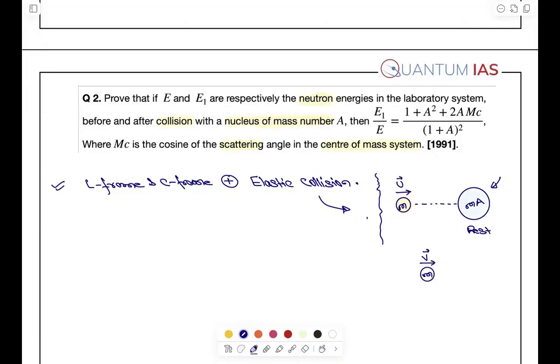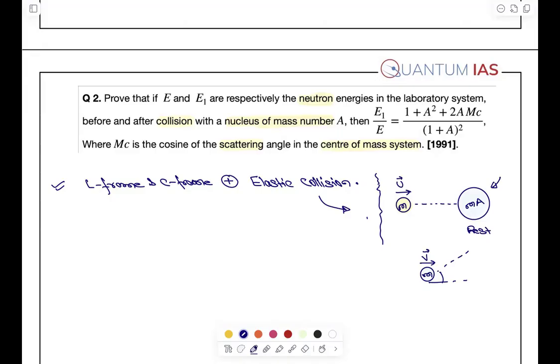I'm writing in vector format only. It is not important to understand which direction it will go; again, it depends upon the scattering. It will scatter like this, and this will be the angle of scattering. Okay, so this is the complete scenario.